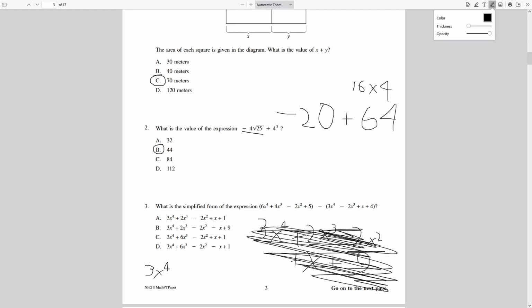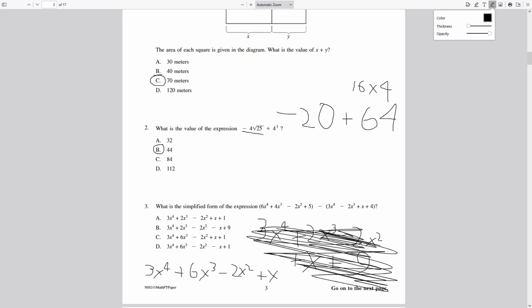So, it's plus 2x cubed, which means it's 6x cubed. Minus 2x squared, since there's only one square. And it's also 1, 1, so it's plus x.